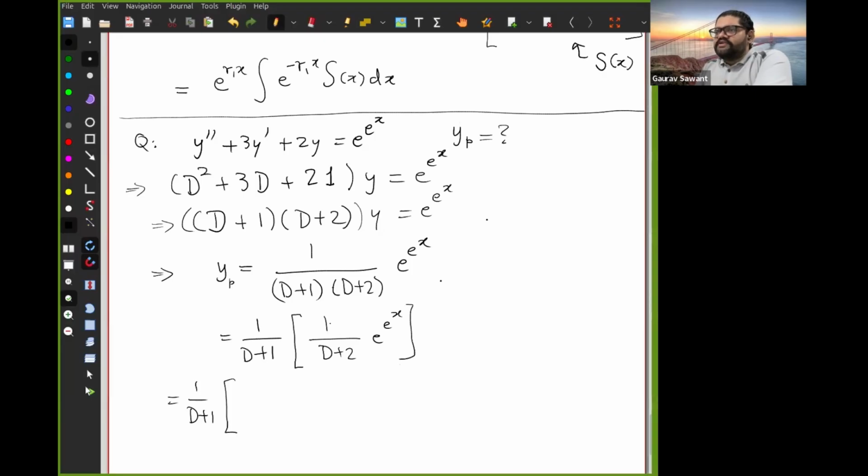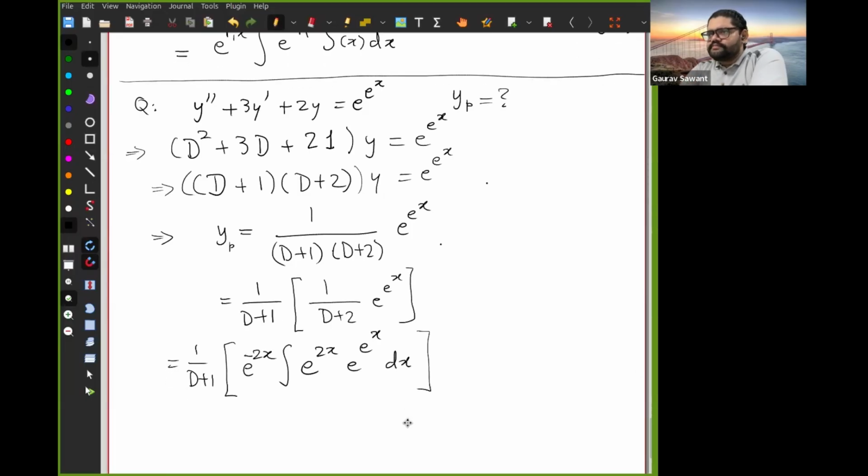So we have the definition: 1 over d plus p acting on some function is e power minus p x outside, e power p x inside. So e power minus 2x outside and plus inside, integral e power 2x, e power x dx, right?